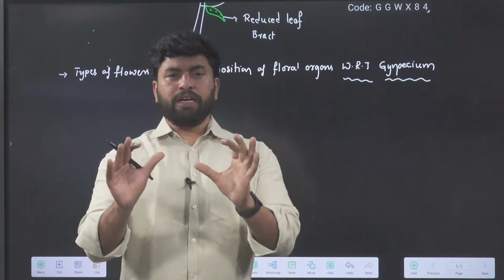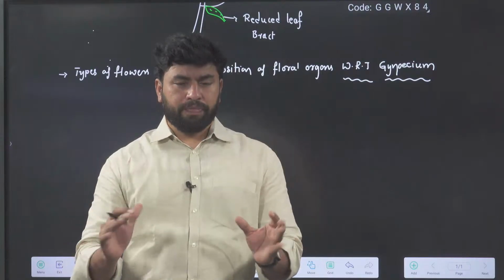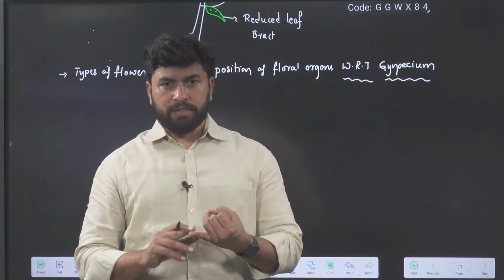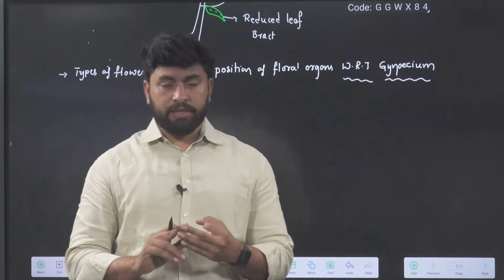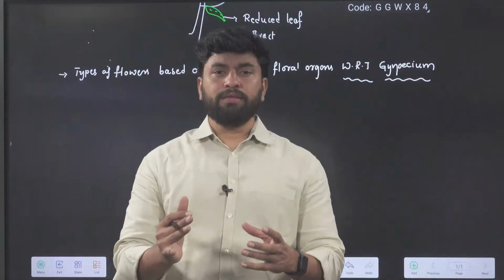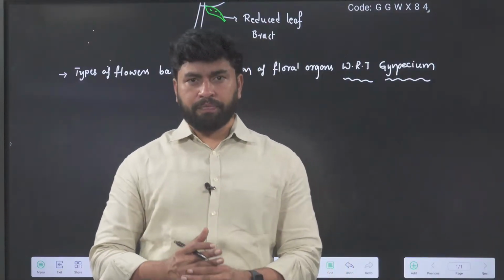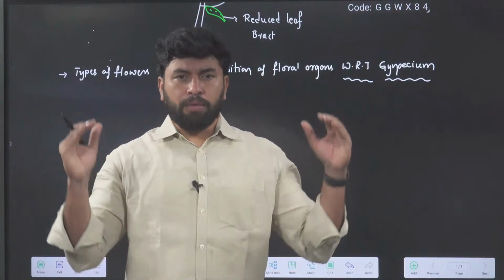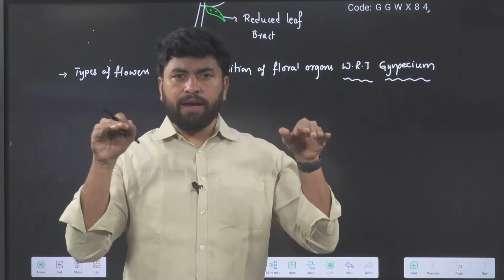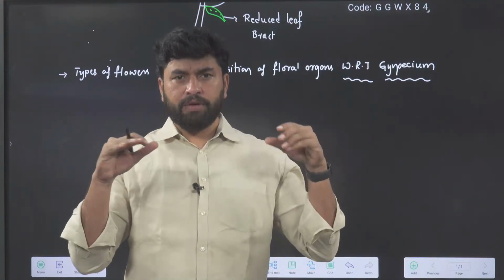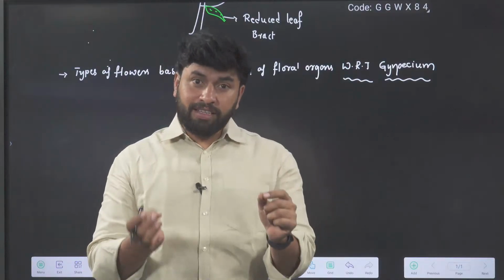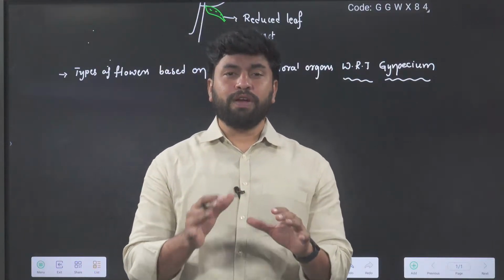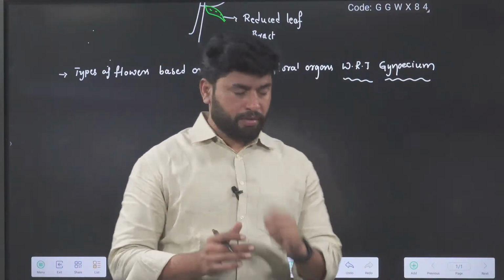Now, the gynoecium has been occupied. After that, sepals, petals, stamens. Where are they growing with respect to the gynoecium? Are they growing below the gynoecium, above the gynoecium, or parallel to the gynoecium height? Based on this criterion, we have basically three types of flowers.